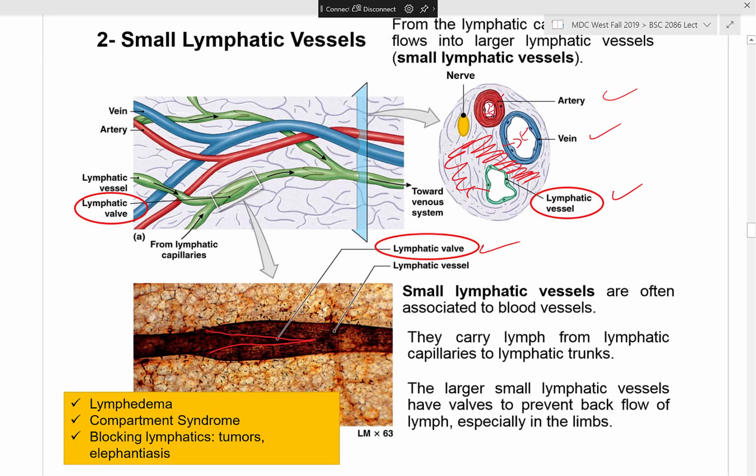Smaller, because you're compressing it from the outside, and that nerve is going to be compressed as well. What happens when you compress a nerve? You get a pinched nerve, pain. So every time you have a lot of fluid in that tissue, you're going to have pain.